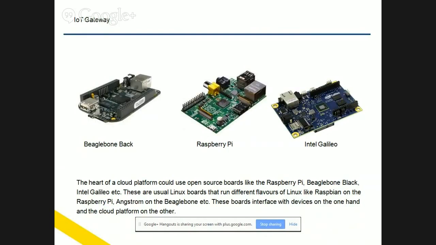So the heart of a cloud platform: open source boards like the Raspberry Pi, the BeagleBone Black, and the Intel Galileo, etc. These are usually Linux boards that run different flavors of Linux like Raspbian on the Raspberry Pi, Angstrom on the BeagleBone, etc.